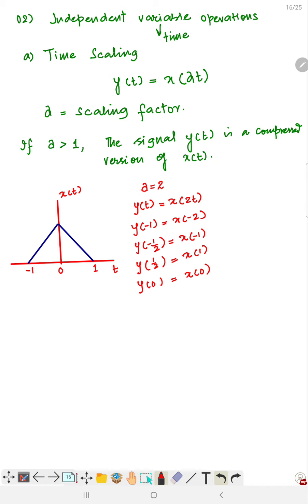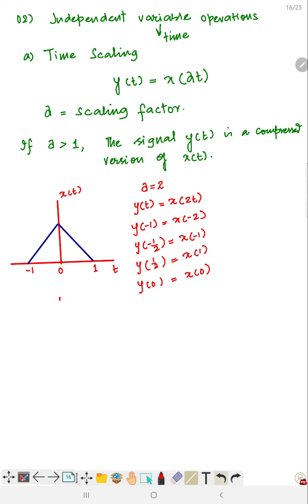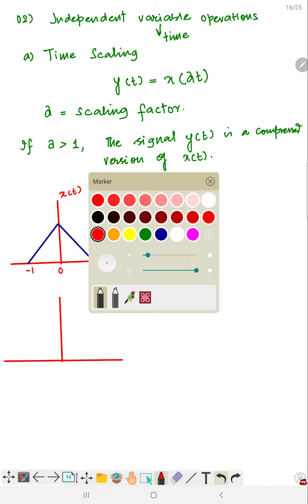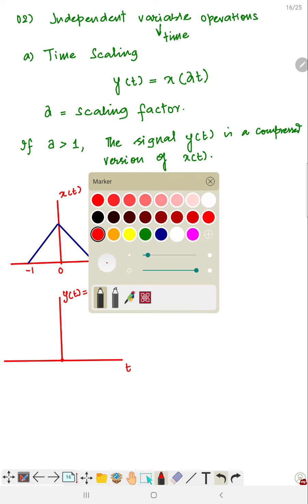Now if I try to plot the scaled version, this is my amplitude axis, this is my time axis. Now this will be y of t, which is equivalent to x of 2t. Fine. The central point stays the same, that is y of 0 is equal to x of 0, so it will stay the same whatever the value was.